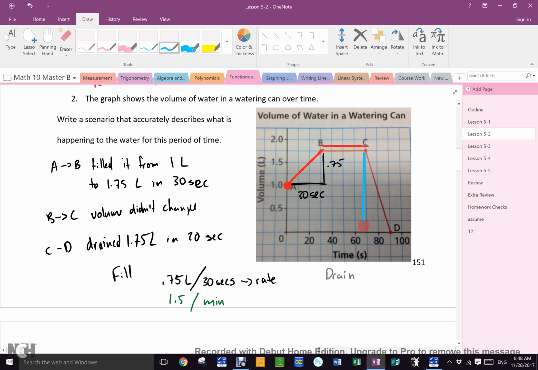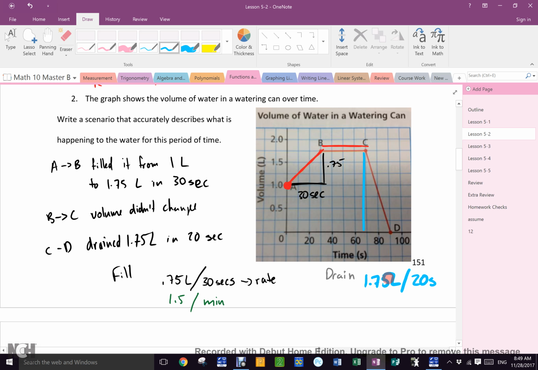I dropped how far? 1.75 liters in how much time? 60, 70, 80, 90 in 20 seconds, yes? Is that a good rate? What's weird about it? 20 seconds. We wouldn't do that, would we? So, what would be a better rate? If we're going to go to minutes, what are we going to do with this?